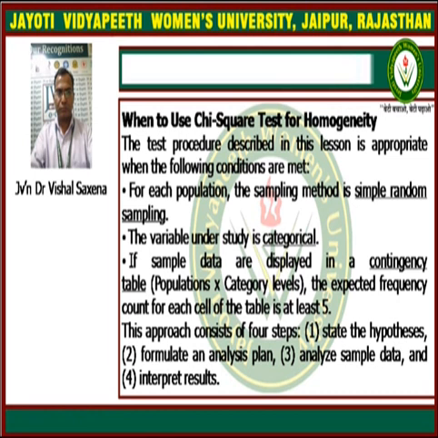And this approach consists of 4 steps. First, the statement of hypothesis. Second, the formulation of an analysis plan. Third, analyzing the sample data. And the last is the interpretation of the result.